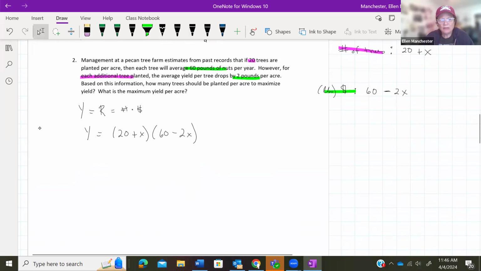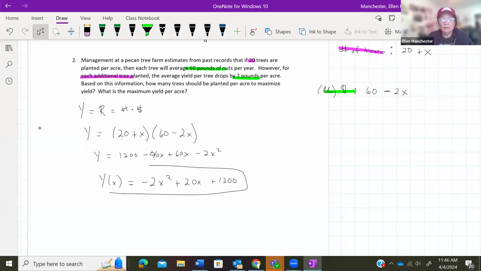Now I'm just going to clean this up. 20 times 60 is 1200. 20 times -2 is -40x. x times 60 is 60x, and x times -2x is -2x squared. So my yield function, and notice we have all x's, that's the important part: -2x squared, 60x minus 40x is 20x, plus 1200. So there is our objective function.